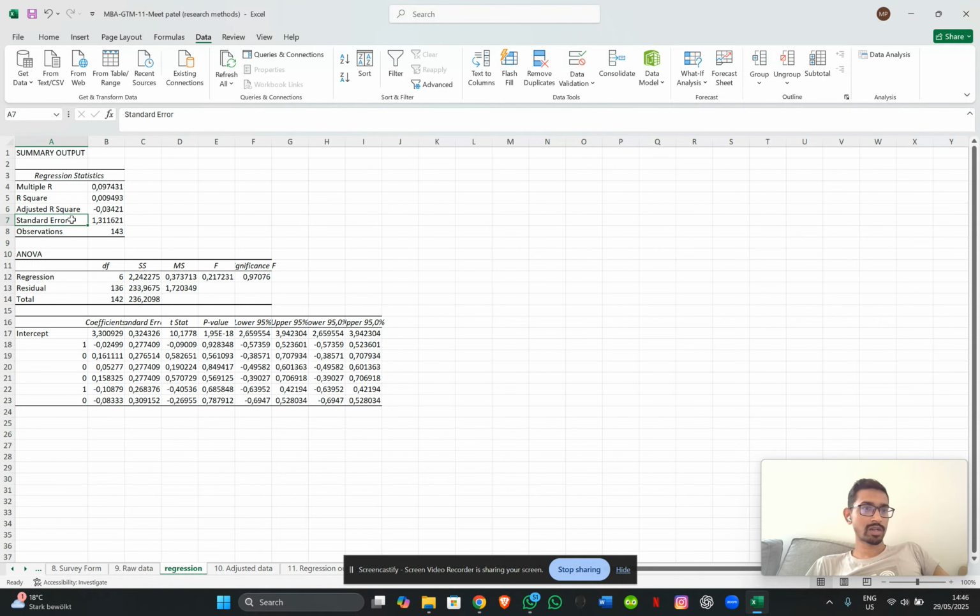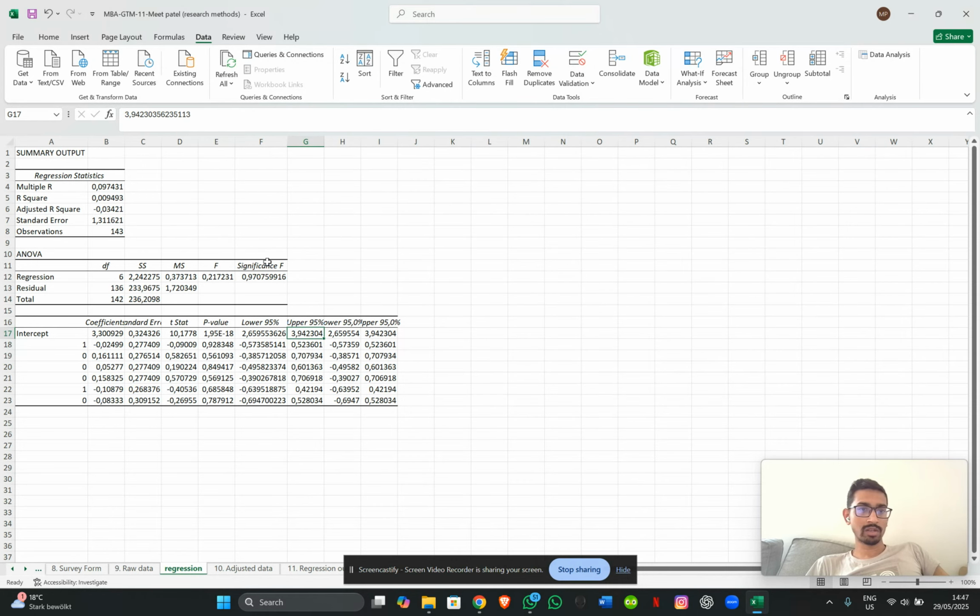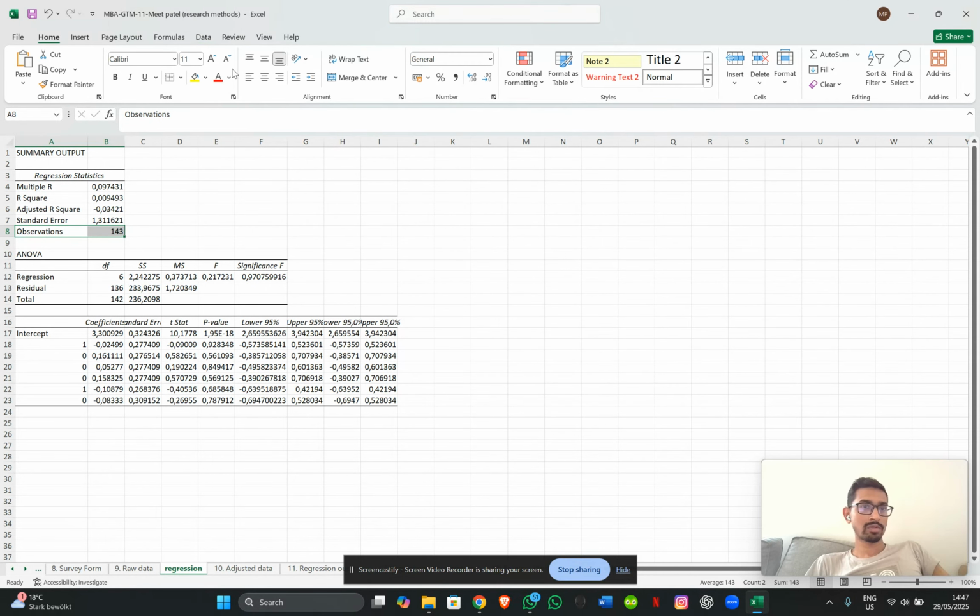I also have standard errors, and there is the ANOVA, and the coefficients, standard error, t-stat, p-value, lower 95 percent, upper 95 percent. Also significance F and the observations, and R square.